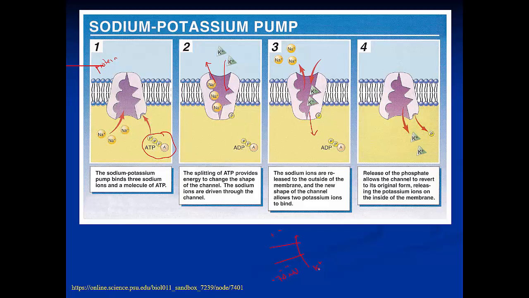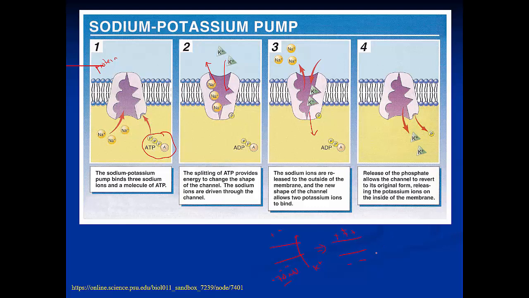So less positive is the same thing as negative. As potassium comes out, that leads to more positive charges outside and fewer positive charges inside. So now, what does that do to my separation of charge? If these are coming out, I'm getting more and more separation of charge. So what should happen to this number? It's going to get bigger.